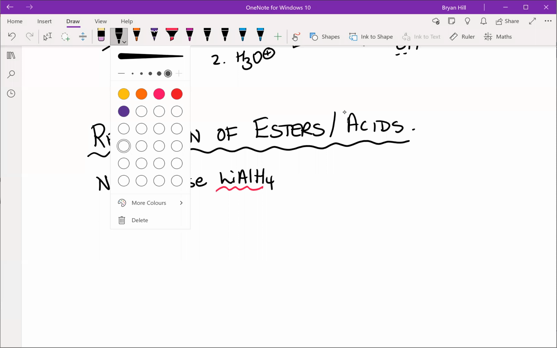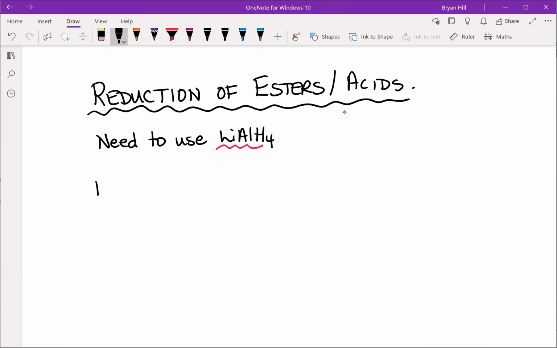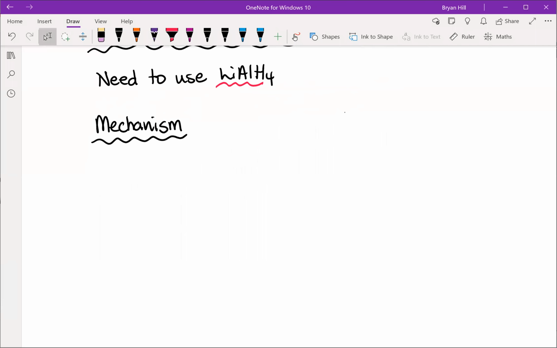Now the way that this reaction works is ever so slightly different. So let's look at the mechanism here. We have our ester.